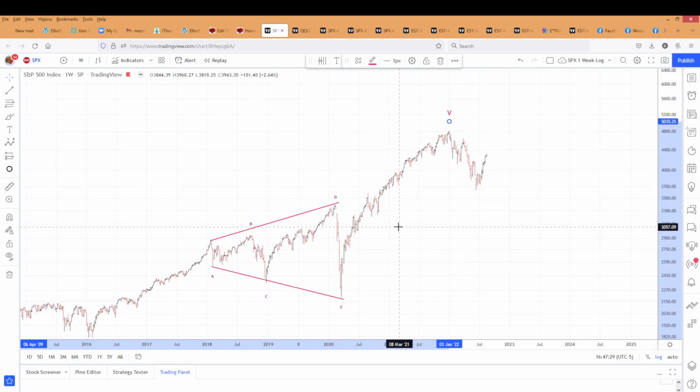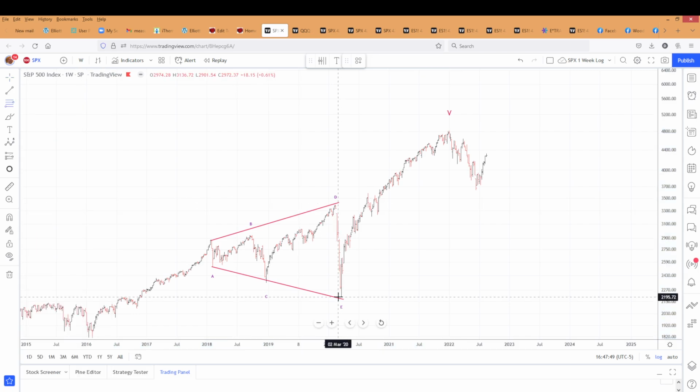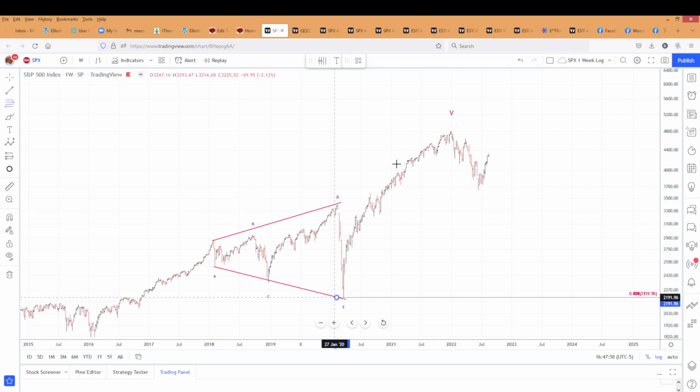So let's just work our way backwards, and that's the way I've done things before, from the known, the 4. If this is either 5, and I pointed this out before, or 1 of 5, depending. But we're going to look at the bigger picture, even bigger than this. Let's get a little retracement going here, if we can, and see if it just corrects this low, 2191.